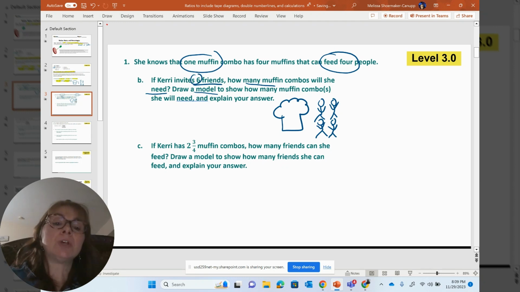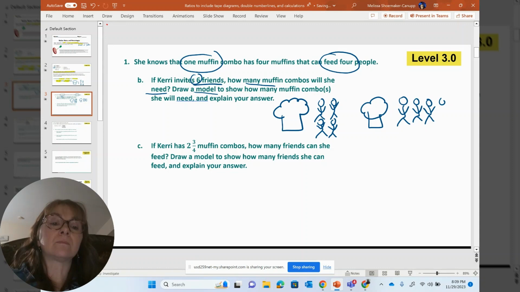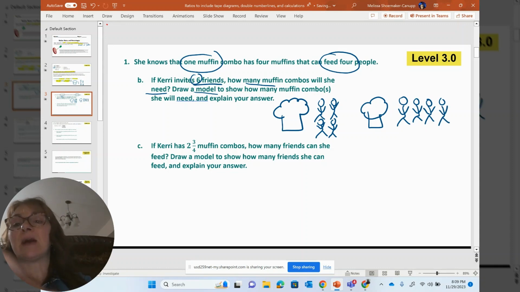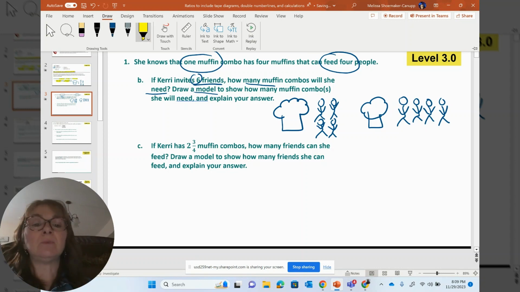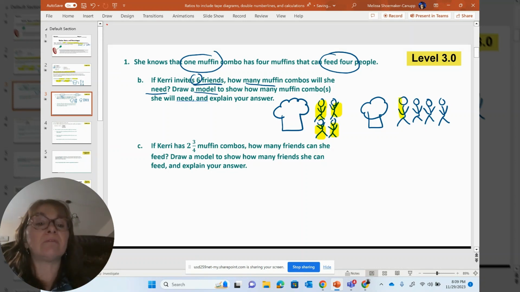It's not. So we're going to draw the ratio or the pattern again. Okay, one more muffin combo feeds 4 friends. Now, how many friends do we need to feed? 1, 2, 3, 4, 5, 6.